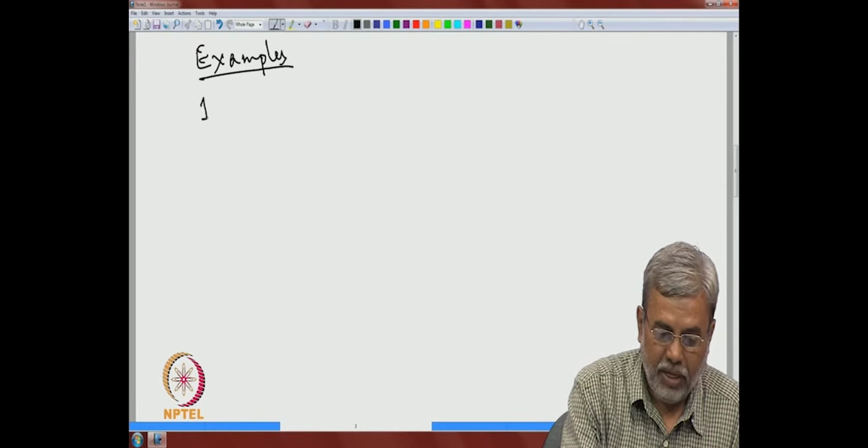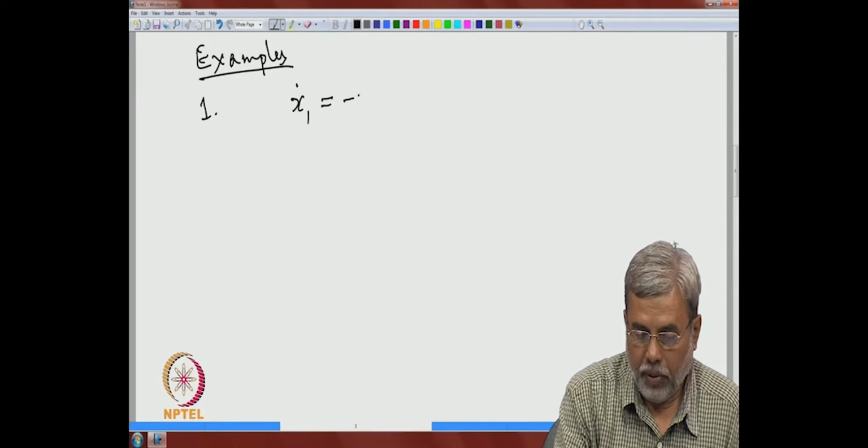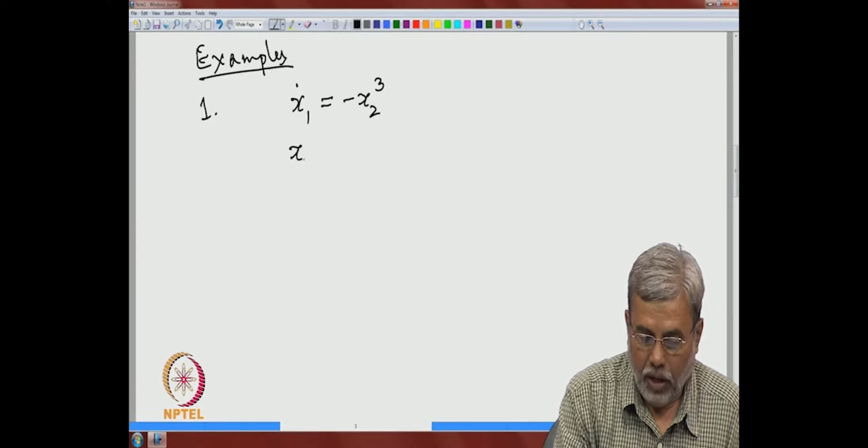So, the first example. Consider this 2D system, x1 dot equal to minus x2 cube and x2 dot is equal to x1 cube.